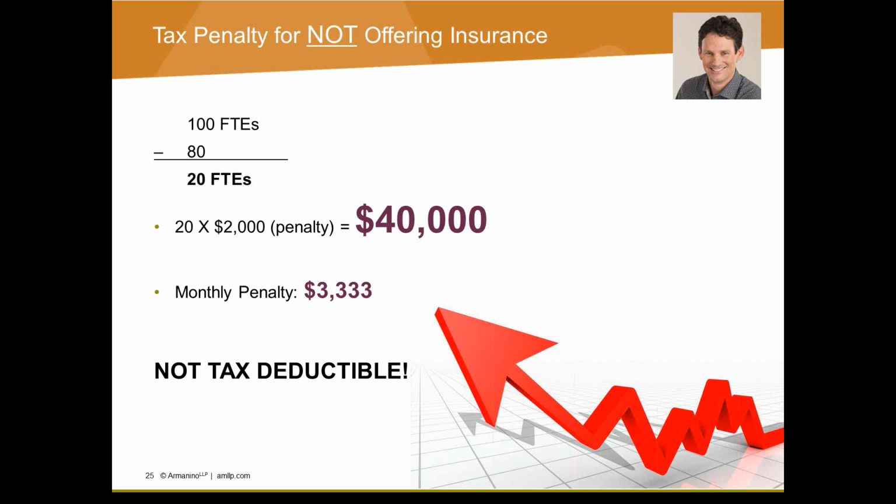So this is the one piece, if you're a large employer, that you don't want to fall afoul of, because you can see that it could add up pretty fast. And you'll see in 2016, when this transitional relief goes away, that 80 subtraction is going to go down. And we'll talk about that a little later.